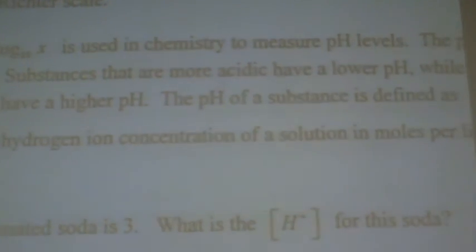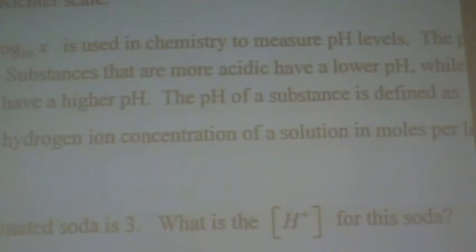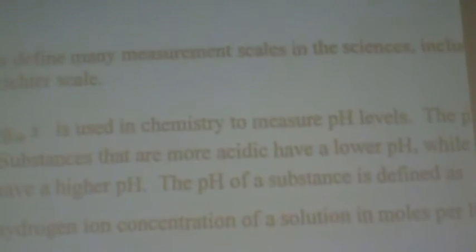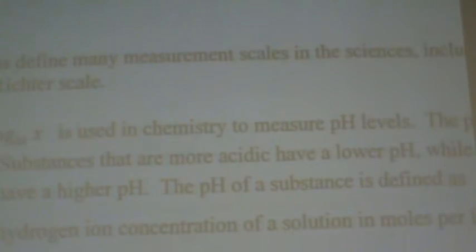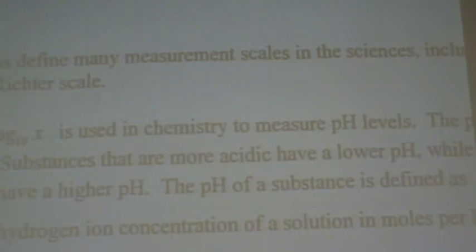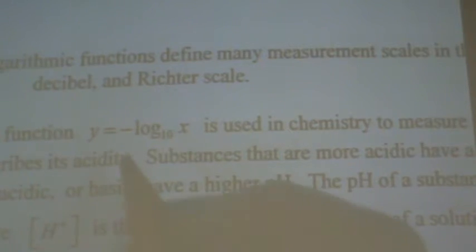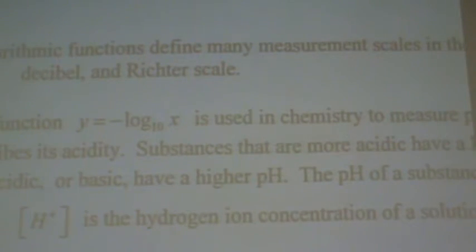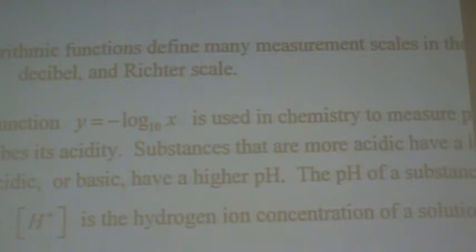Okay? 2-story problems. If you're into chemistry, log functions define many measurement scales in the sciences, including the pH, decibel, and Richter scale. The function y equals -1 times the log of x base 10 is used in chemistry to measure pH levels. The pH of a solution describes its acidity.